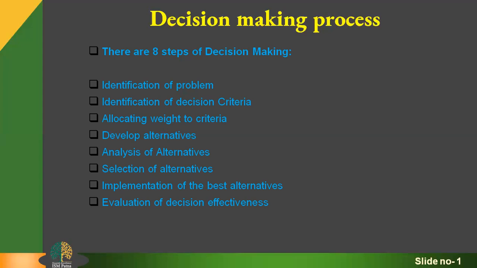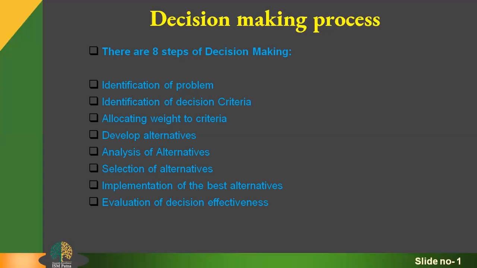So as you see, the first is identification of the problem. Then the second is identification of decision criteria. These two steps are quite different from each other. We will discuss in detail in the coming slides. Let us take it conceptually here.